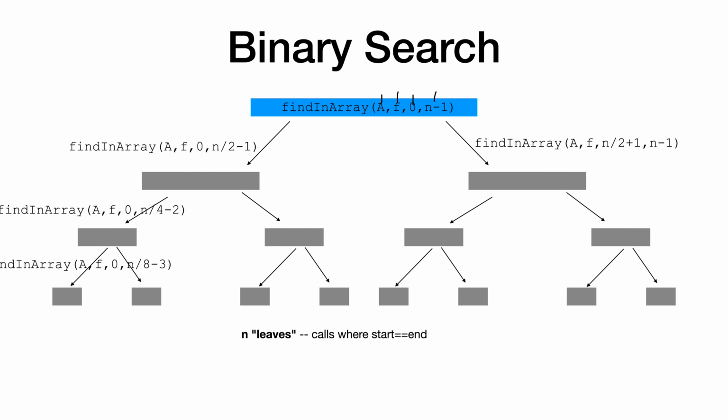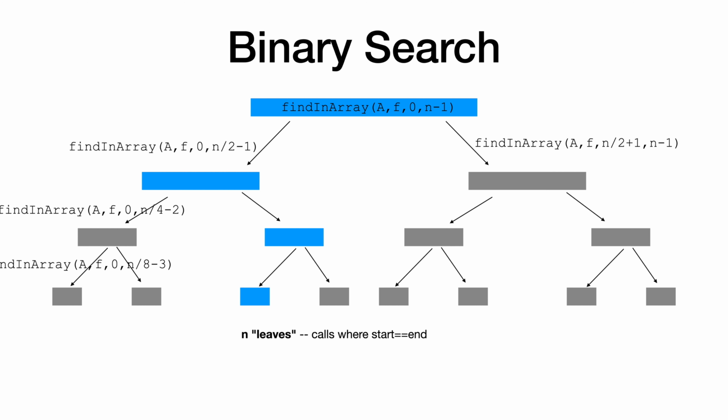It's the whole array itself. And then say it's on the left side, we know that f is smaller than the midpoint. Then it makes this recursive call here. It could have made either this recursive call or that one. And here, maybe it's on this side, and we keep going.